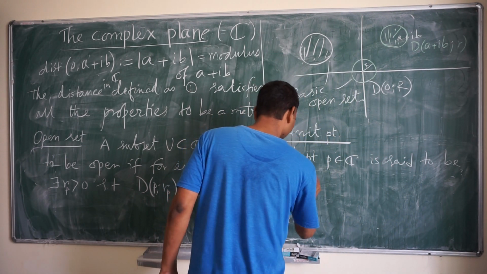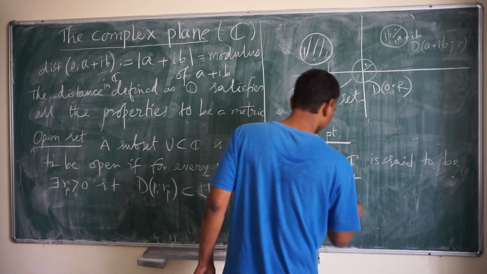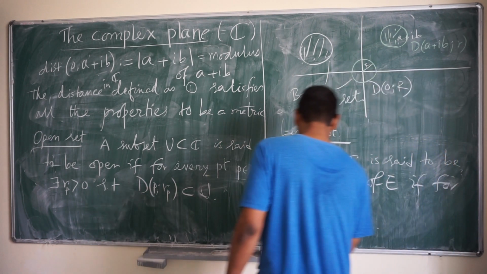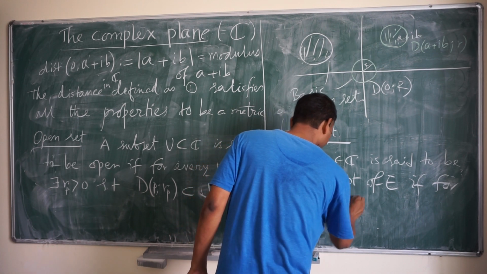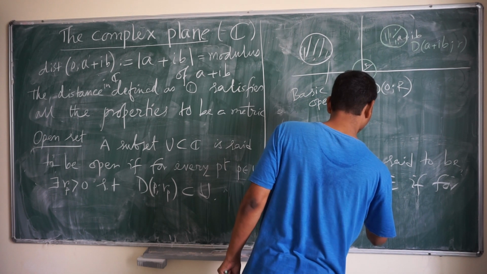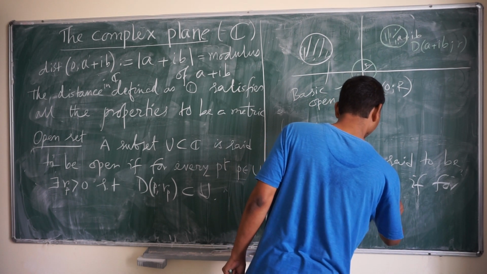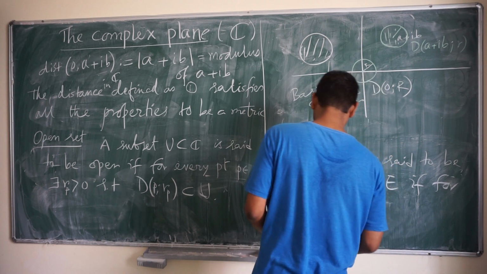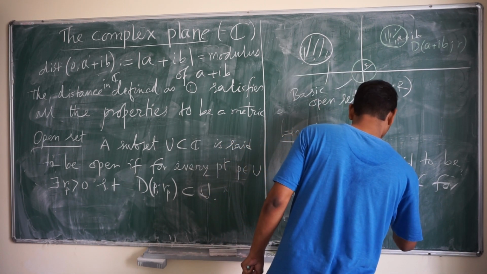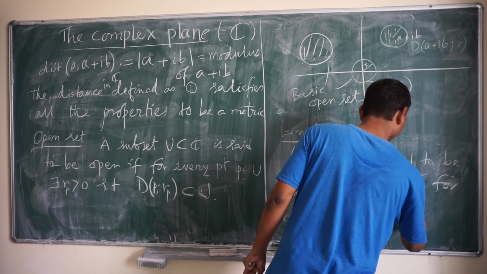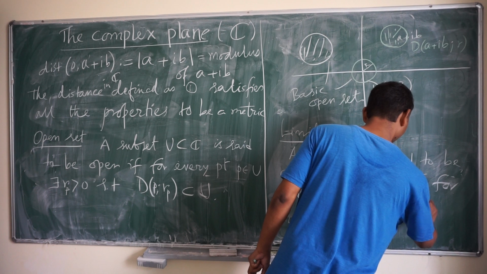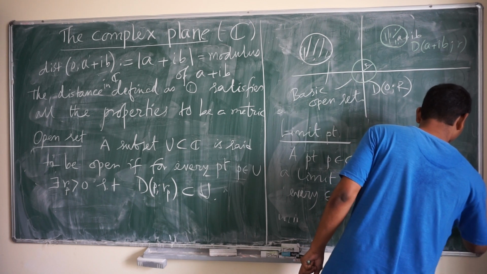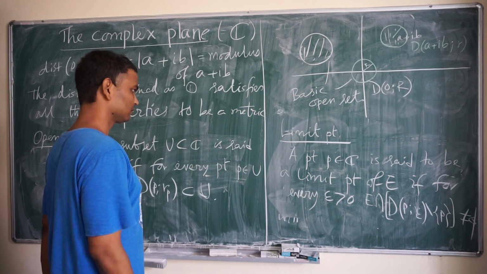A point P in C is said to be a limit point of E if for every epsilon greater than 0, the intersection of E with D(P, epsilon) minus the point P is non-empty.